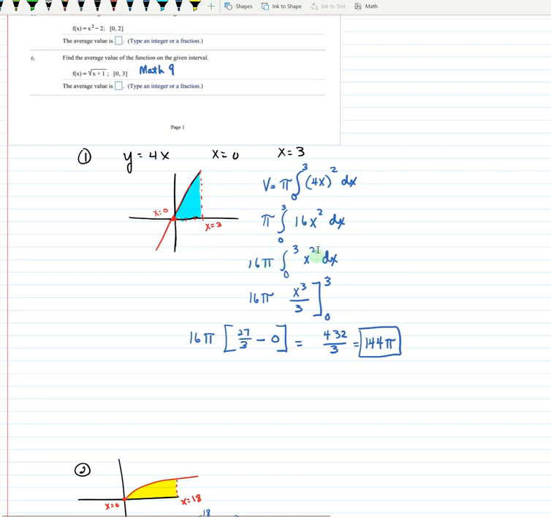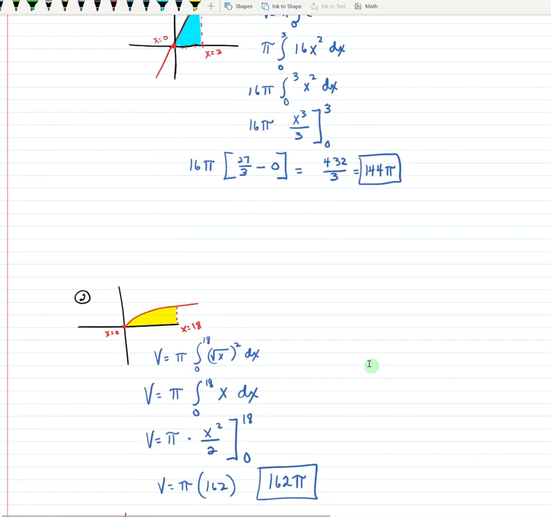You're integrating x squared. That becomes x cubed over 3 from 0 to 3. Your 0 is going to cancel out, so we have a 0 there. But you plug in the 3, you get 27 over 3, which is 9. And so 9 times 16 is 144, and that becomes 144 pi. You could do it on Math 9.